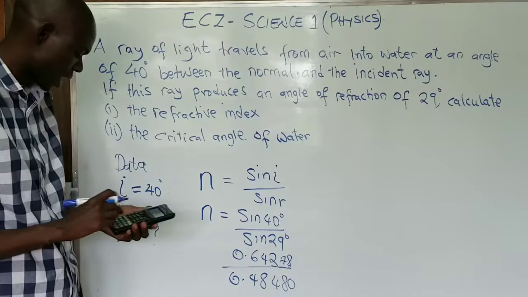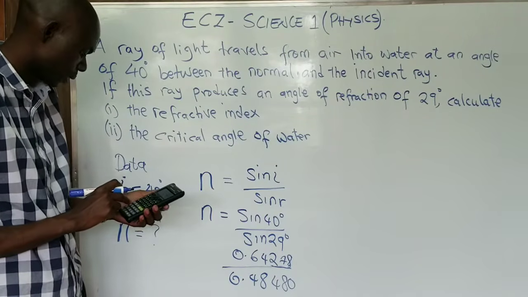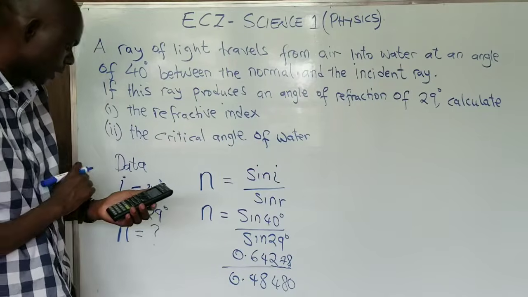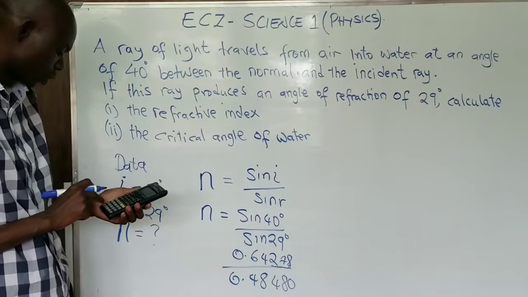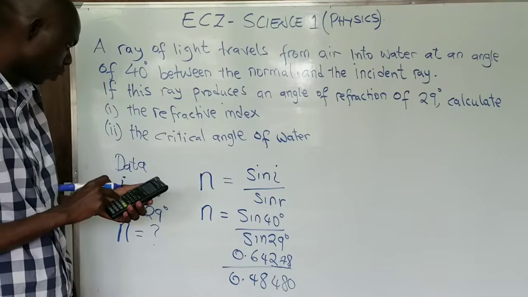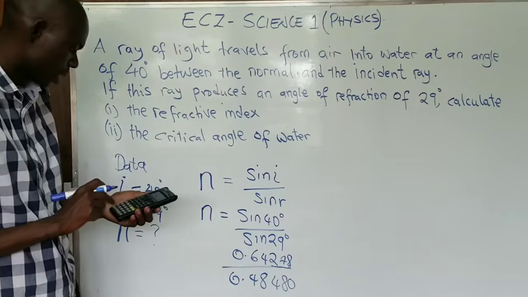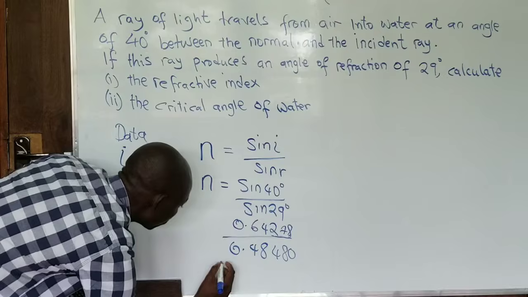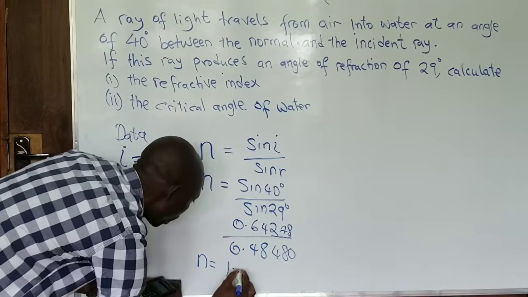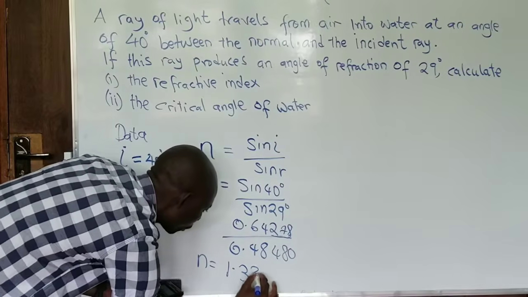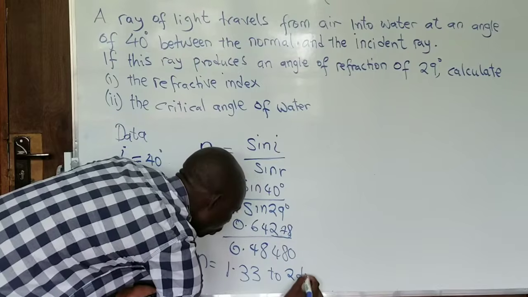Then you can divide 0.64278 by 0.4848, and the answer is 1.33 to 2 decimal places.